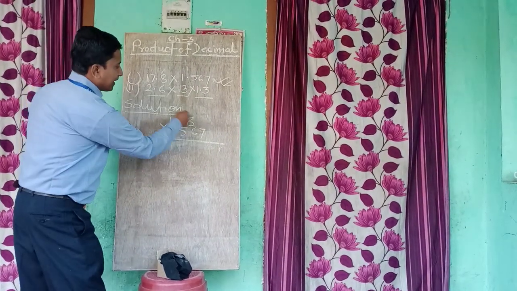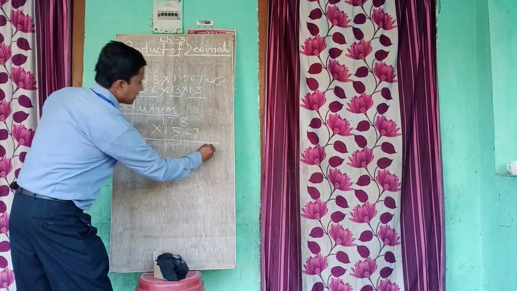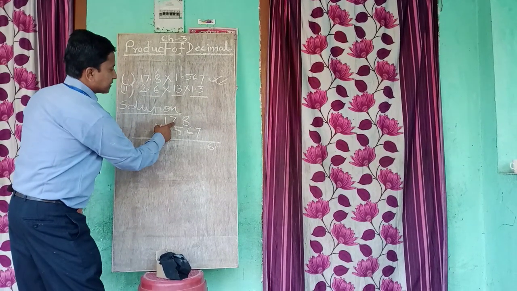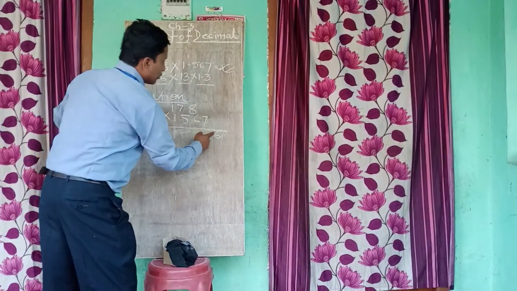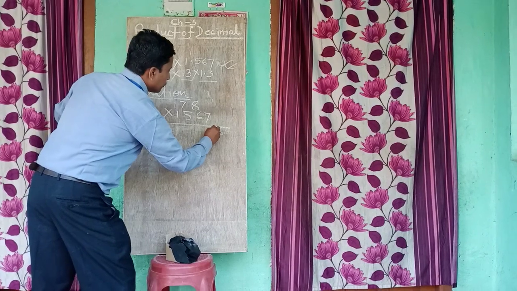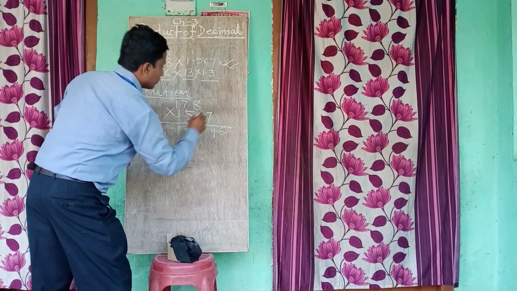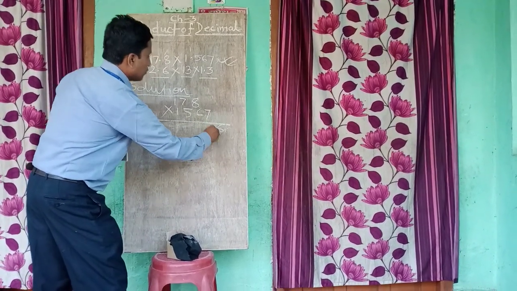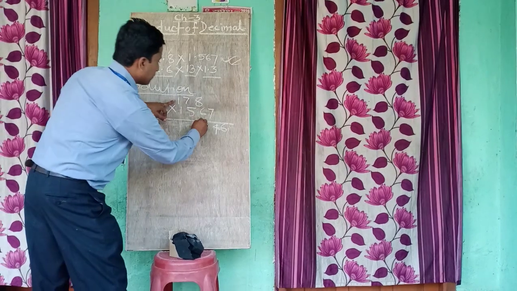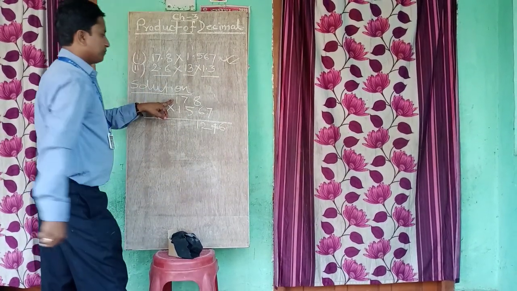Now multiply it. 7 eights are 56, 7 sevens are 49, 49 and 5 we add, 54. 54, 5 7. 1 seven and 5 is 12.